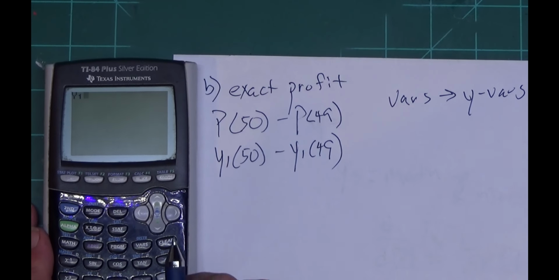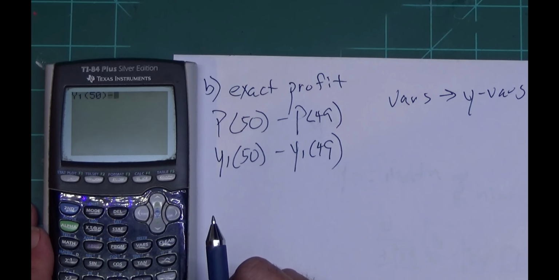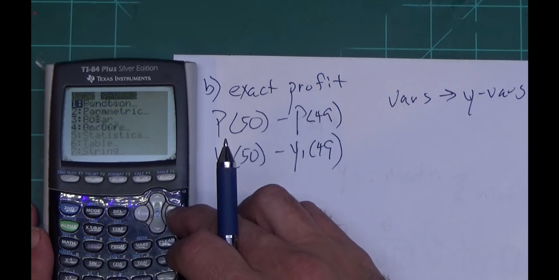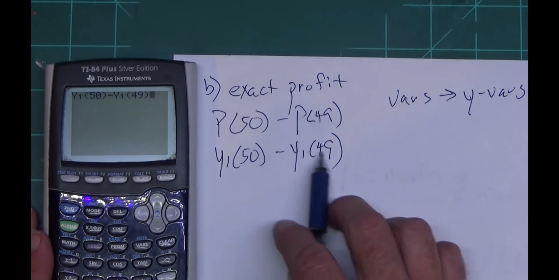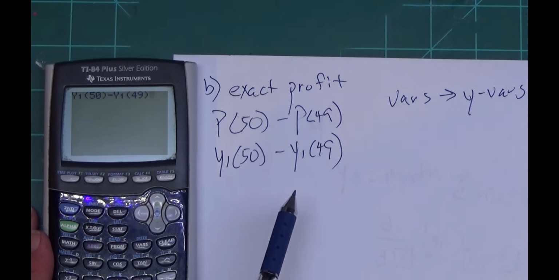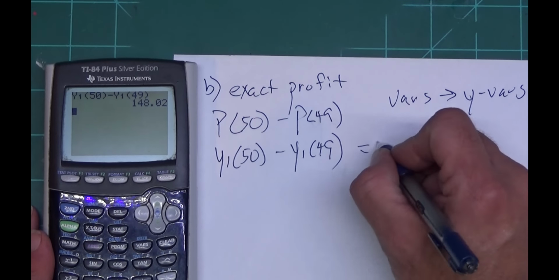Then I'll put parenthesis 50, close parenthesis, minus vars over to Y vars, press enter twice, parenthesis 49, close parenthesis. So I have written in here almost exactly what we have written down for work.